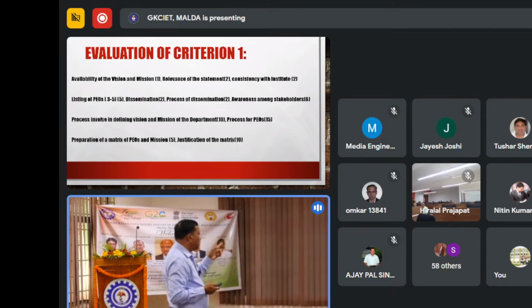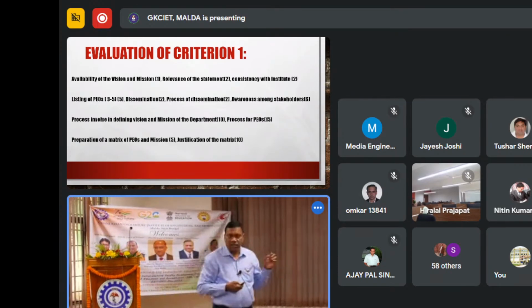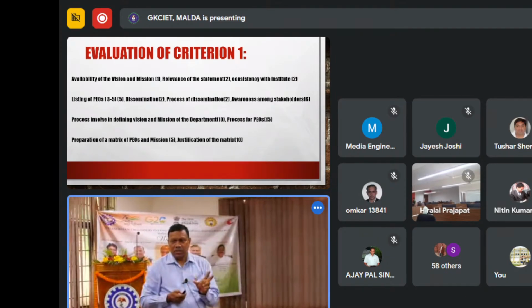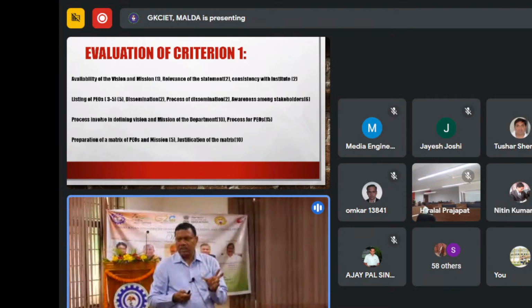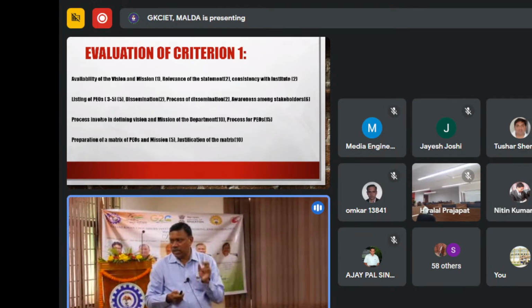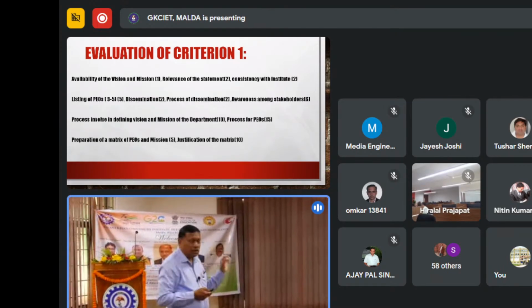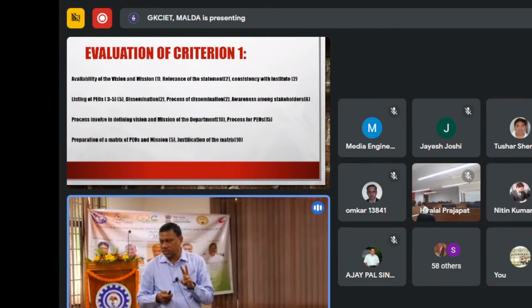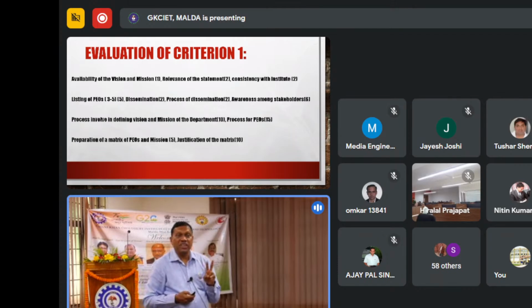One of the reasons where the marks get deducted here is that the statements are there, but they are not properly framed, they are not relevant. So therefore, there is a possibility of losing 2 marks here. They give you only 60%. 60% is said to be a concern.